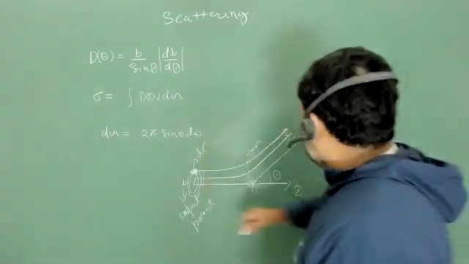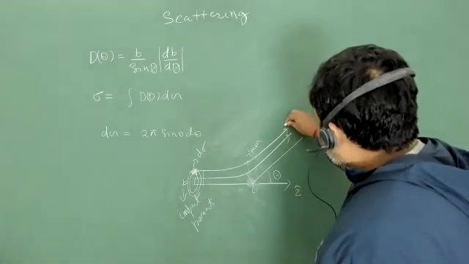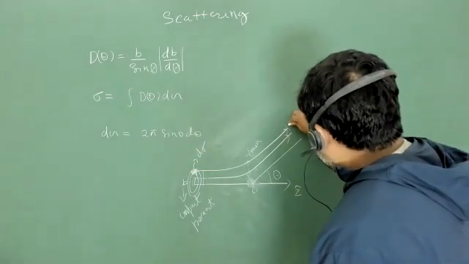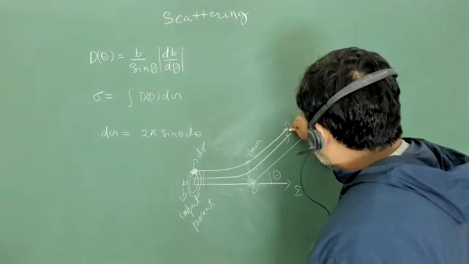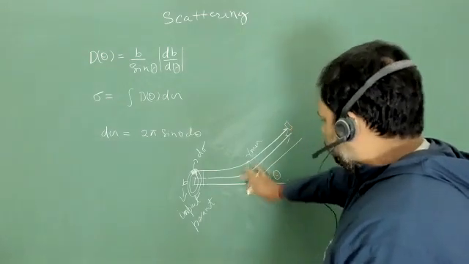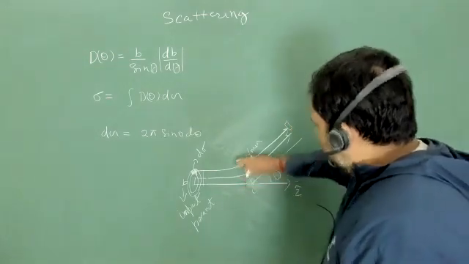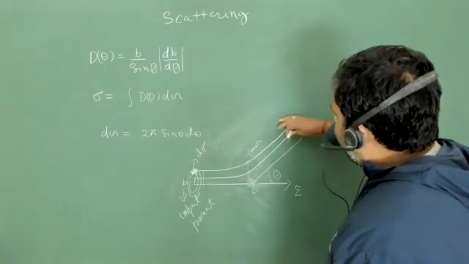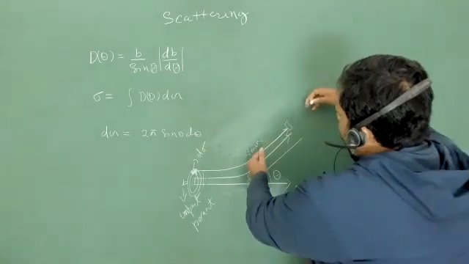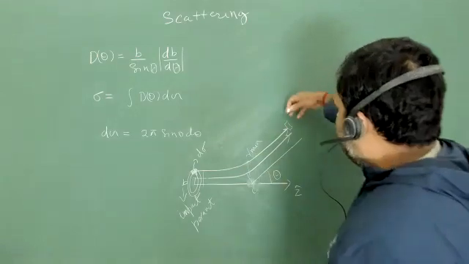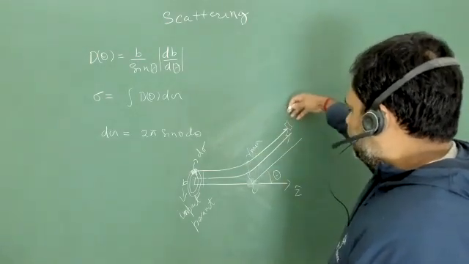So this is your d sigma, and here you have another area you are going to measure. Not at this point, because at this point everything is very complicated. We are measuring when my particle has again become a basically free particle.